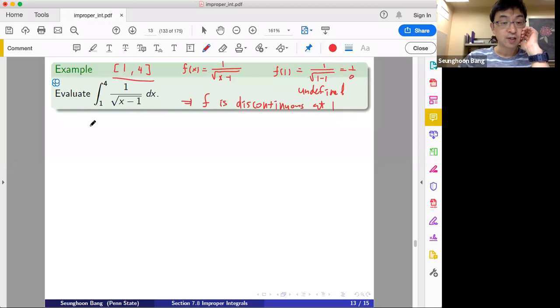So how can you solve this improper integral? You always replace the discontinuous point by t and take the limit.